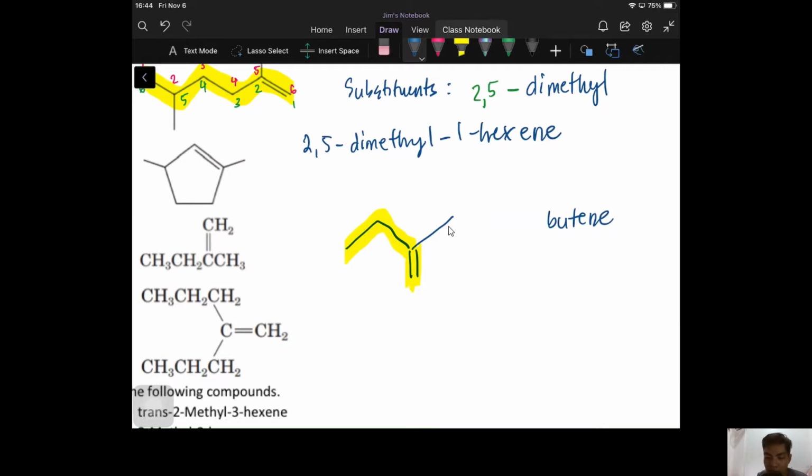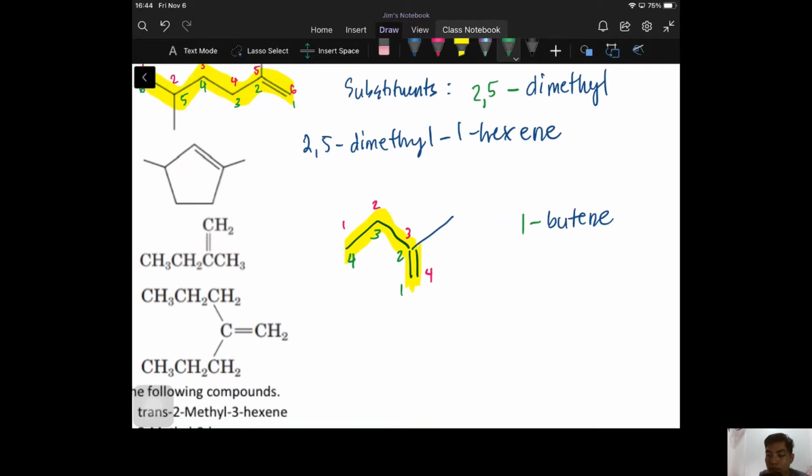Ngayon, maglagay tayo ng numbers. 1, 2, 3, 4. 1, 2, 3, 4. Ano susundin? Yung lowest number. If we follow the red one, our double bond will start at 3. If we use the green one, our double bond will start at 1. Which is better? Edi yung green.